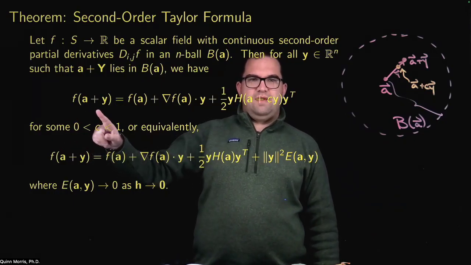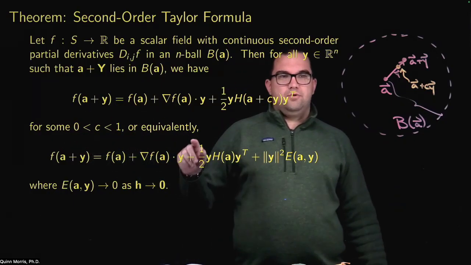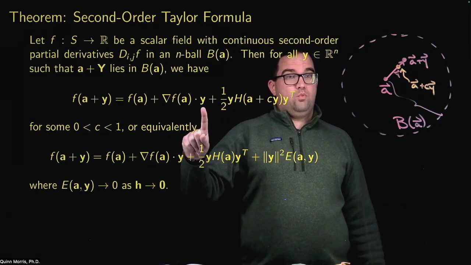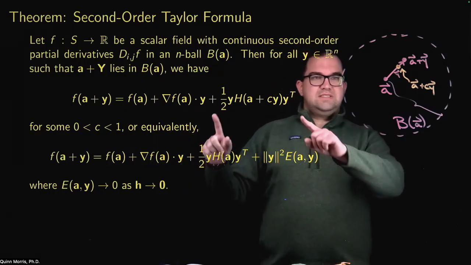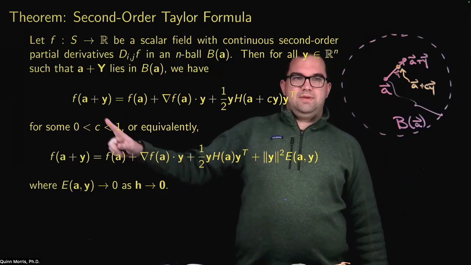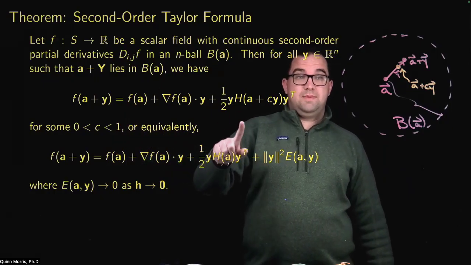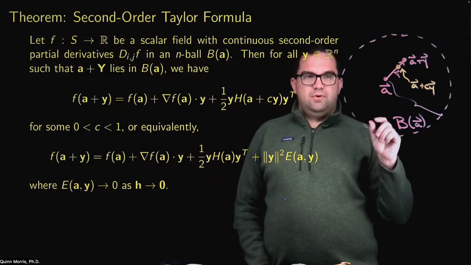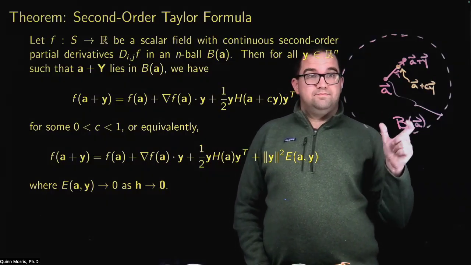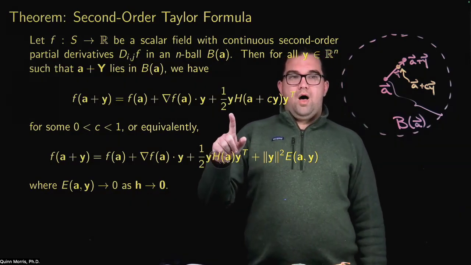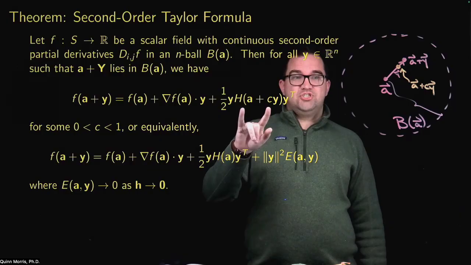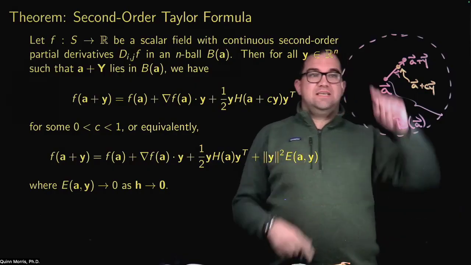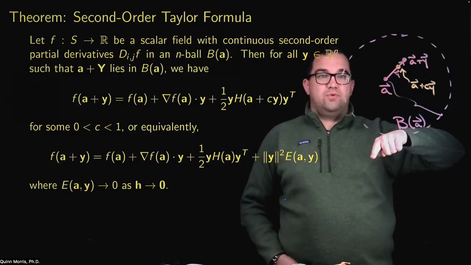Now, over here, if we think about what all these quantities are, f is a scalar field. So f of A plus y is a scalar, f of A is a scalar. The gradient of f of A is a vector, but I'm going to take the inner product with y, so that's going to give me a scalar. So this thing ought to be a scalar, because I want my output to be a scalar. I've got scalar plus this, and this better be a scalar. Now, this is where it's important to understand that Apostol's book thinks of vectors as row vectors. So y is a row vector, H is an n by n matrix, and y transpose is then just the column vector with the same entries from y.